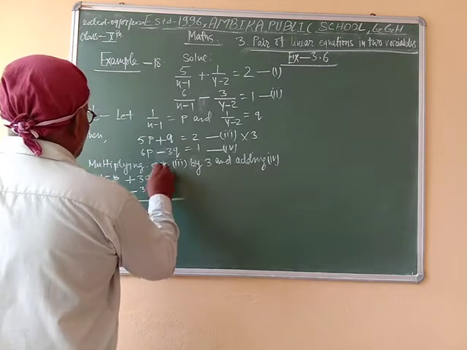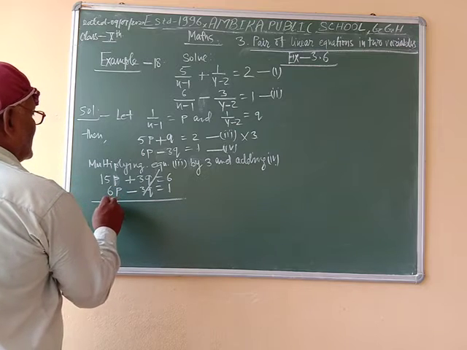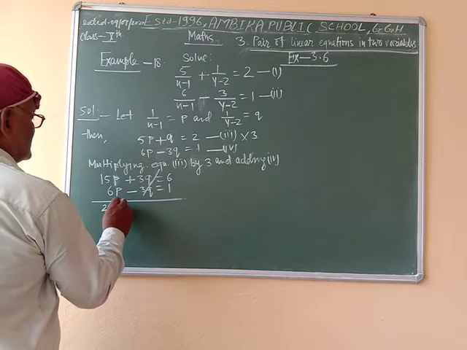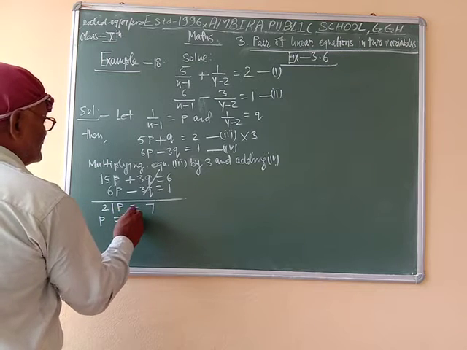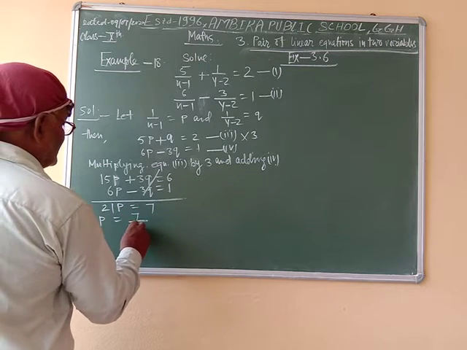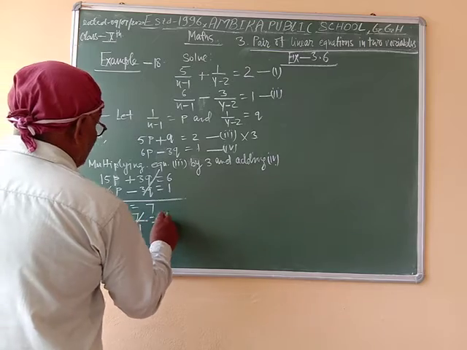Adding, 21p is equal to 7, therefore p is equal to 7 by 21 is equal to 1 by 3.